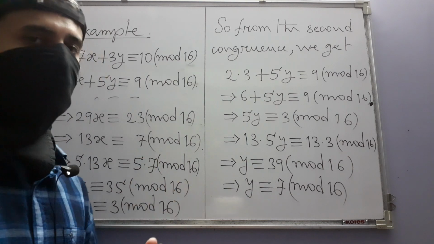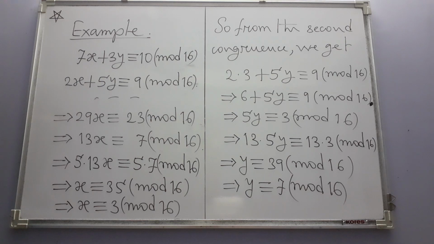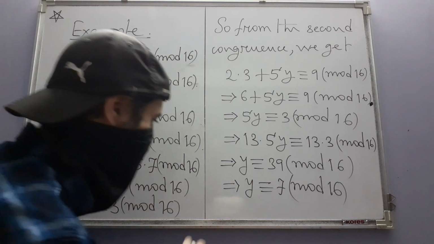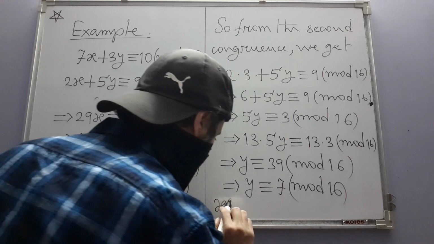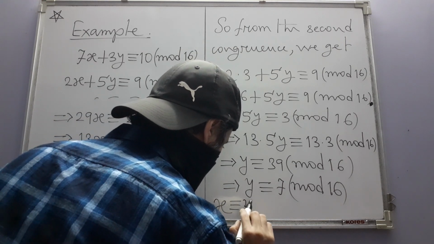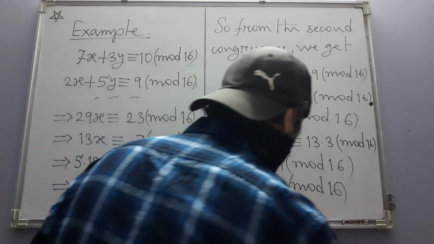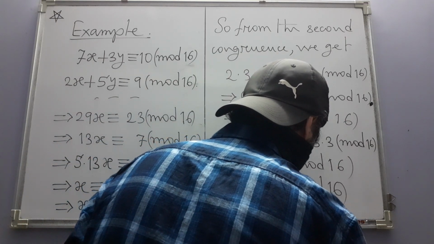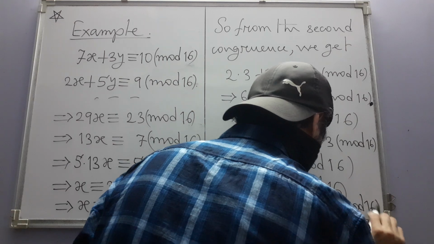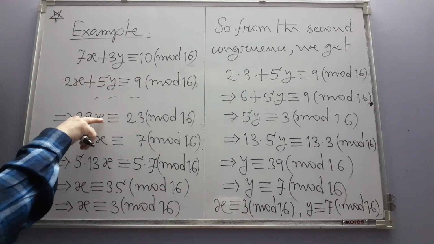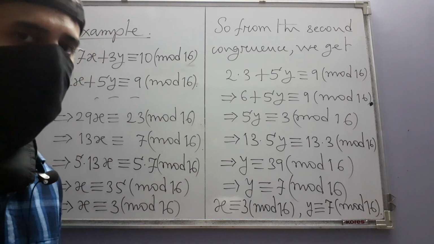I found this one convenient, so I decided to do this, and that is why x congruent to 3 mod 16 and y congruent to 7 mod 16 is the unique solution to these two congruences, and the uniqueness is modulo 16.